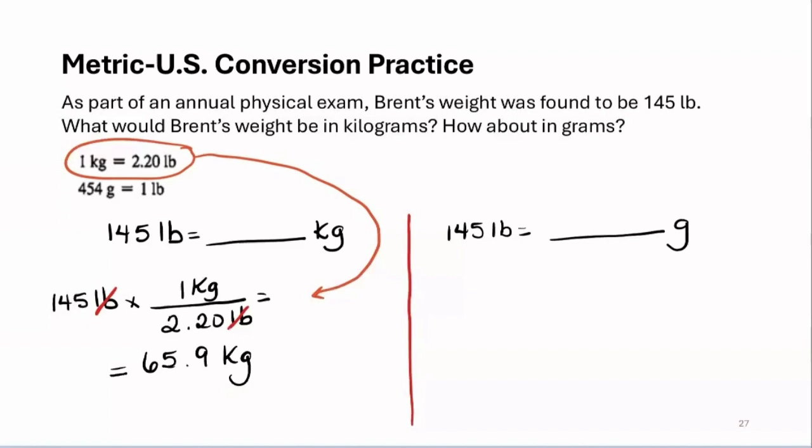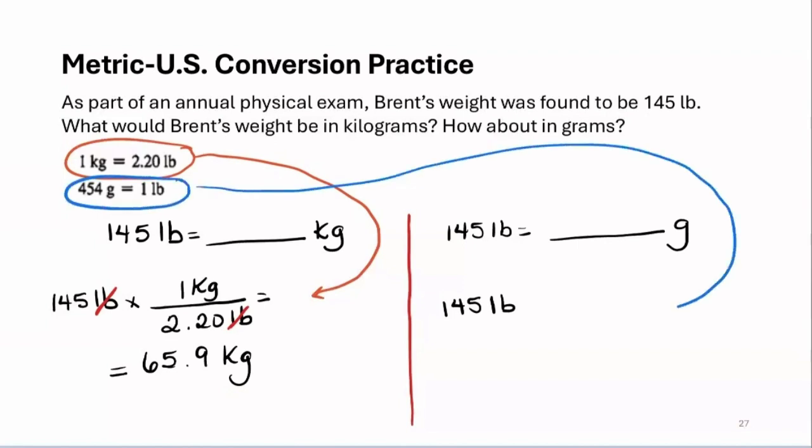Let's now do the conversion between pounds and grams. To set up this dimensional analysis, I'm going to write 145 pounds as the unit given. And then I'm going to utilize the following equality to do the conversion between pounds and grams.